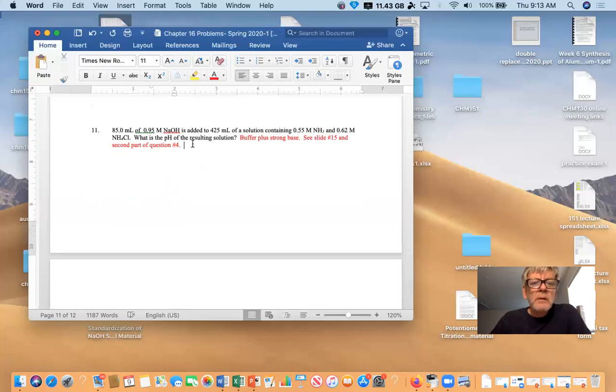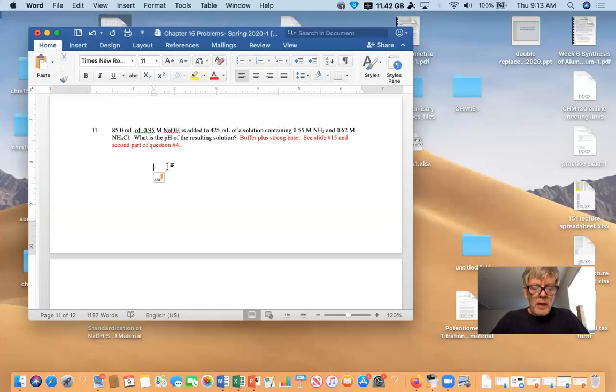Okay. So question 11. We know it's an acid-base problem, but now then we count 1, 2, 3 things. So we know it's a reaction of a buffer. And we note that we have the strong base.